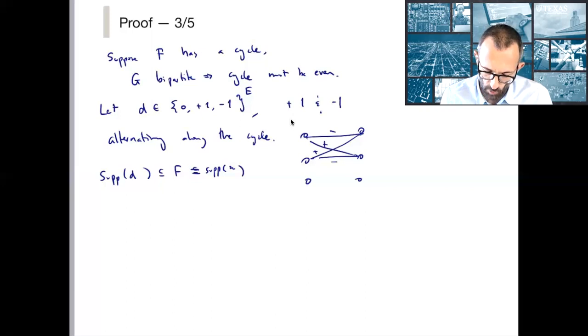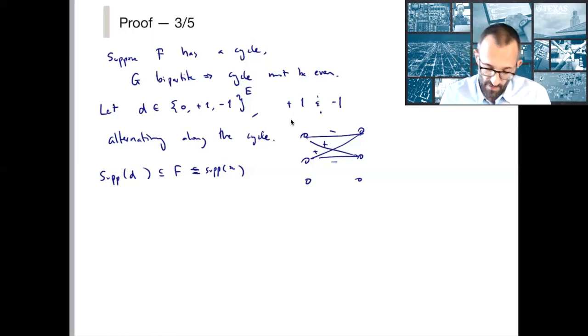Now, note that this is the sum of X_e over e in delta of v plus or minus epsilon times the sum of D_e over e in delta of v. But because it's alternating, then this has to be equal to 0. Okay, so this is therefore less than or equal to 1. And what this tells me is that this is now feasible. So this is a feasible vector.